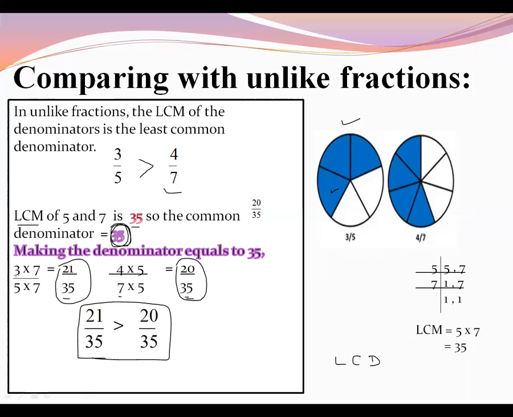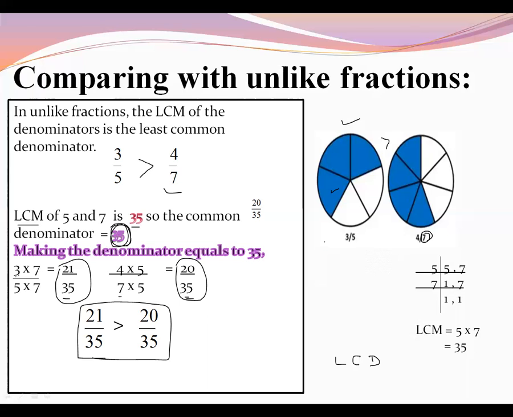And when your denominator is getting bigger, that means seven persons to share the pizzas with, your sharing part, that means this much part, is getting smaller. So it is clear with the diagram as well that 3 upon 5 is bigger than 4 upon 7.